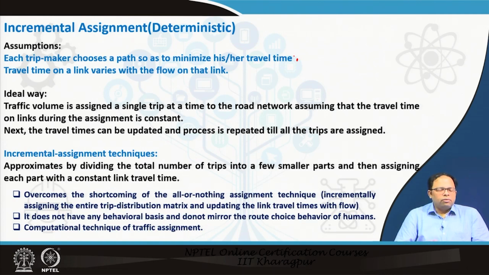So in the previous step, you were assigning the entire trip interchange volume into a particular link if that link was in the shortest path. But ideally we should have done it one trip at a time, and then update the travel time in that link because there is an increase in the traffic volume, and if it doesn't exceed capacity, then it will more or less remain the same.